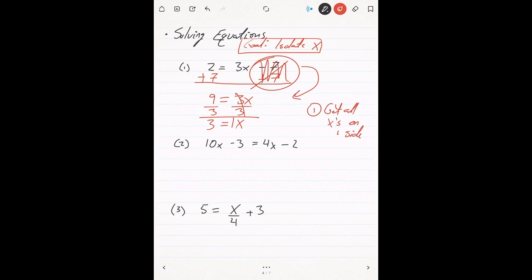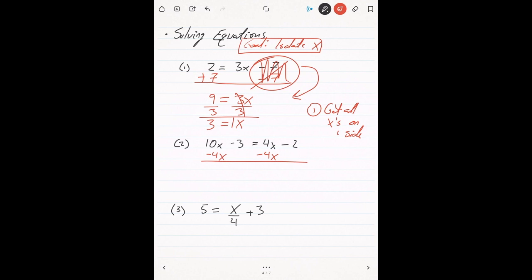So basically get everything to do with x on one side. So I want to try to move this 4x over to the 10x. But how do I do that? What could I add or subtract to both sides that would get rid of one of these x groups and move it over here? Well, I'm going to subtract 4x from both sides.